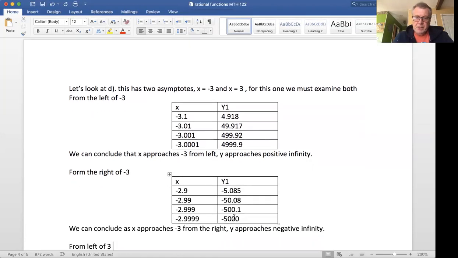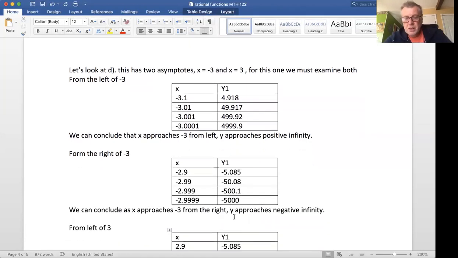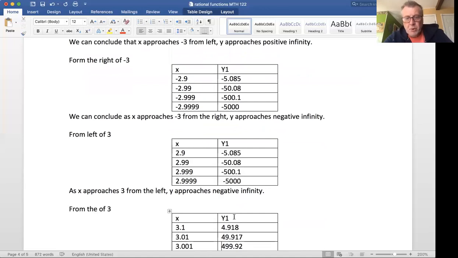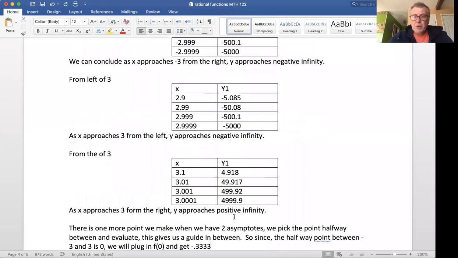As I approach minus 3 from the right, I head toward negative infinity. Now, what about 3 from the left and right? From the left, when I approach 3, I head toward negative infinity. And from the right, as I approach 3, I head toward positive infinity.